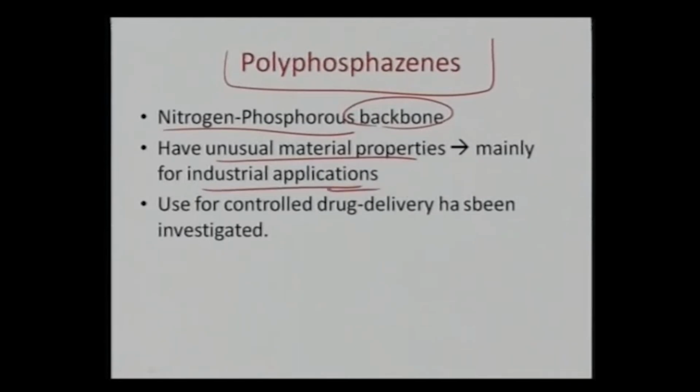Their use as controlled drug delivery has also been investigated, but again, they don't show such straightforward results. They have very different material properties in comparison to others, which we will see later on.